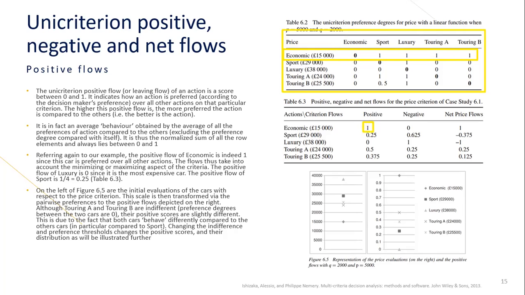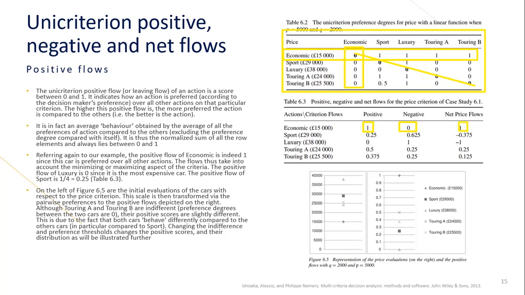The diagonal one doesn't count, so 1 2 3 4 divided by 4 is equal to 1. What about the negative flow? Negative flow you calculate based on this one. You put 1 2 3 4 plus divided by 4, so you get 0. Net flow is positive flow minus negative flow.